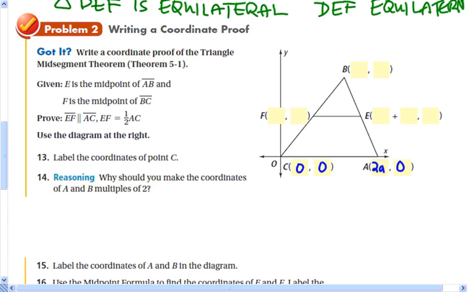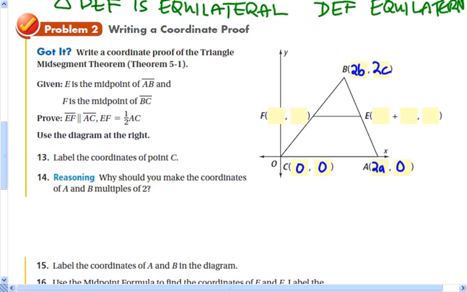And then for B, we're going to call the distance on the x-axis 2B, and then we'll call the distance on the y-axis 2C. So we have 3 different distances there, okay? And we made those multiples of 2 so that we can use midpoint formula and divide by 2.